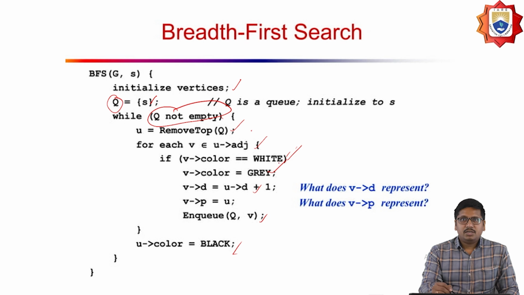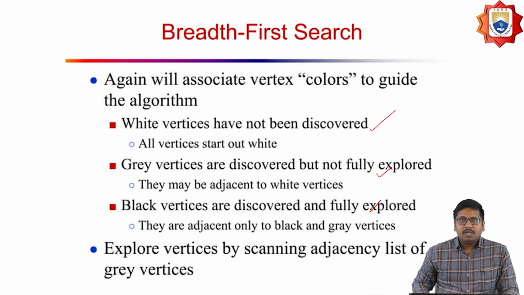If the vertex is white, that means it should not be visited. Gray means it is yet to be visited, and black means completely visited. So these steps are already explained here. So the white vertices are not going to be discovered. That means all the vertices start out white, and the gray vertices are going to be discovered but not fully explored.